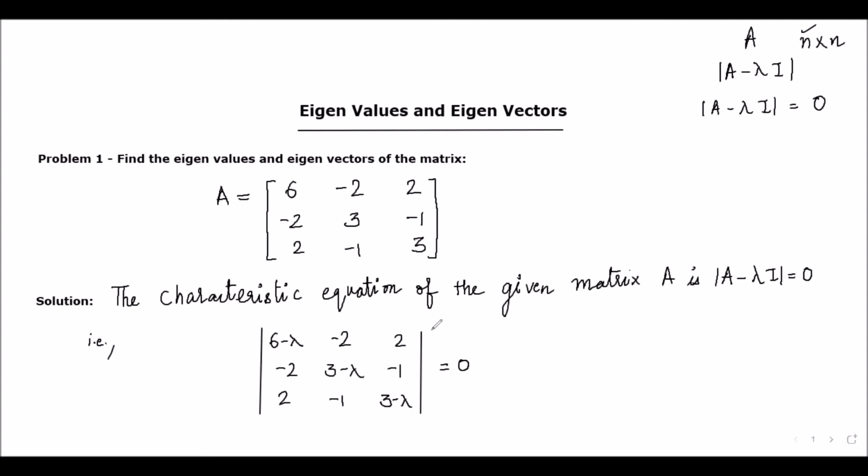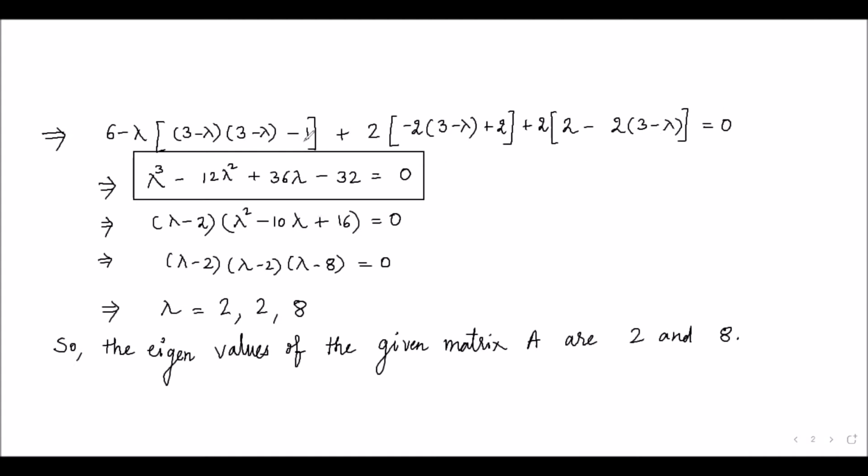We can very easily evaluate the left hand side. If we expand this determinant along the first row, we will get this one. And after simplifying it further, we will get our characteristic equation, which is cubic in nature, of degree 3, in terms of lambda.